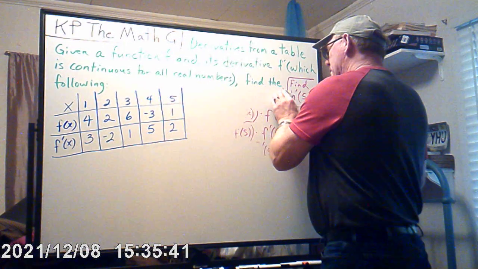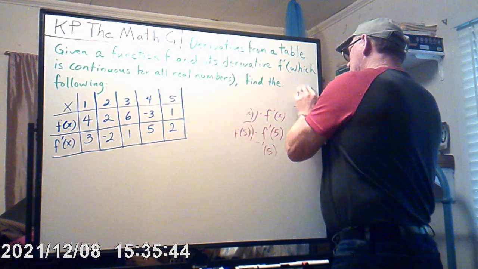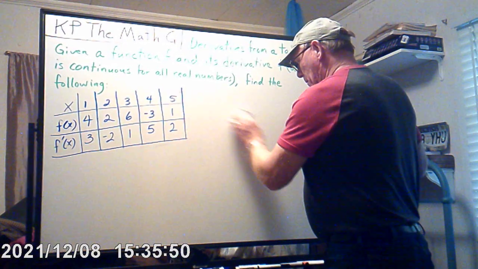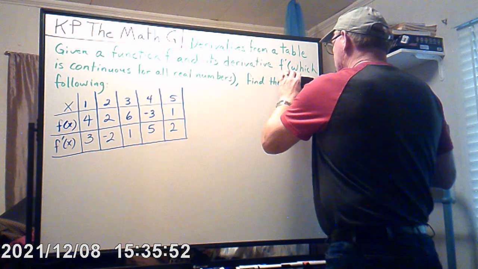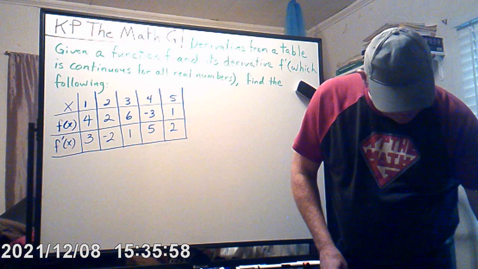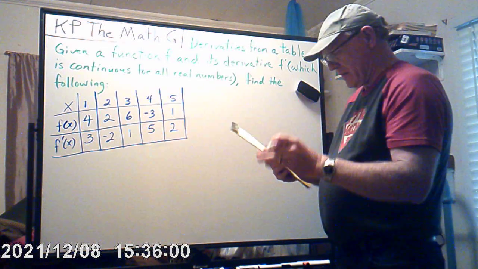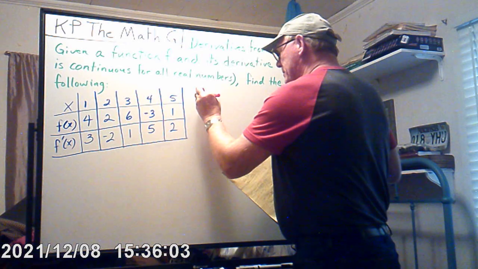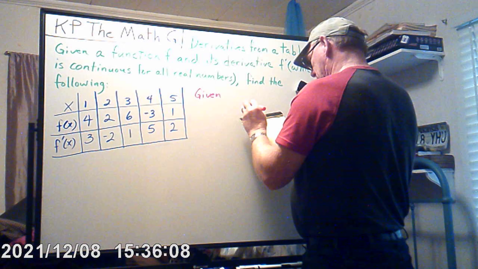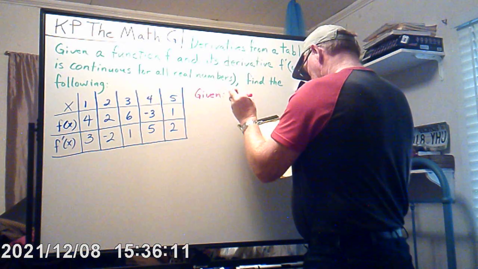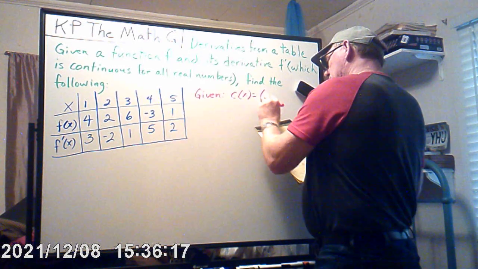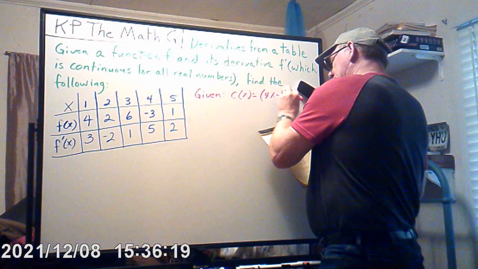Alright, let's see here. Okay, now let's do one more. Let's do this one. We're going to do a couple of givens here. Given that we let c at x equal 4x minus 1.